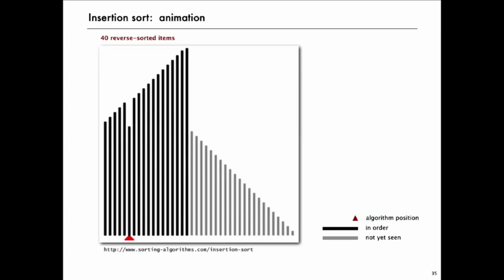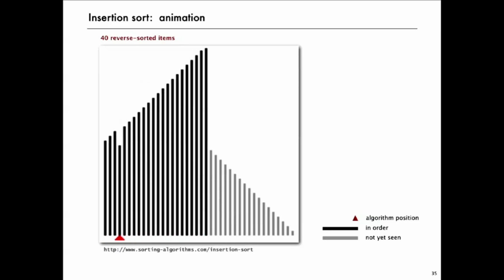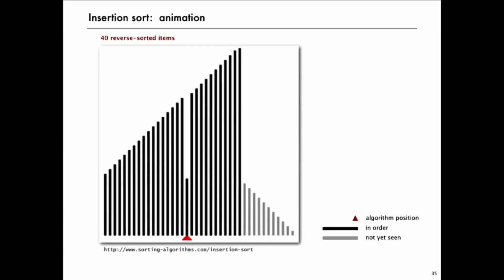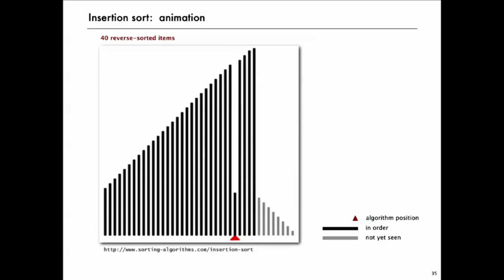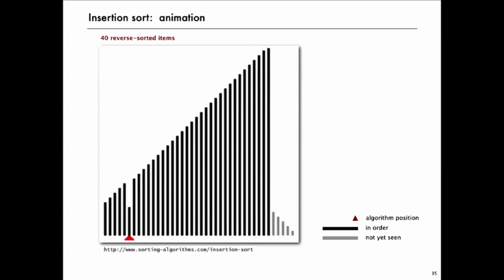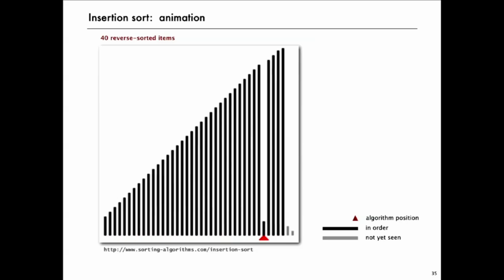Every time it gets a new item, it has to exchange it all the way back to the beginning. Same kind of dynamic characteristic as selection sort, except for every step, it's not just comparing, it's also exchanging, which makes it even slower in practice. So this is a bad case that we wouldn't like to see in a practical application.